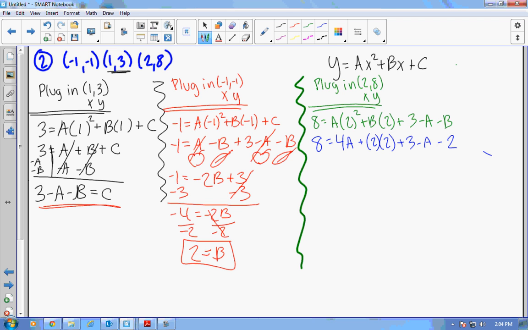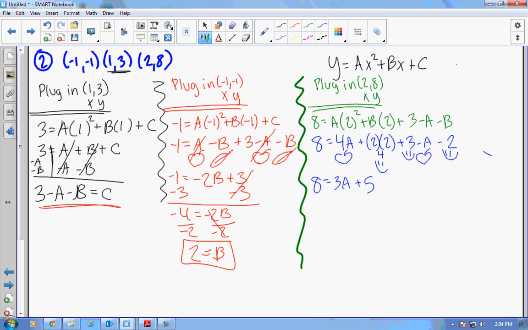So we end up only having a's, which means we can find the value of a. We combine like terms, how many a's do we get? 3. And this is really the number 4. So we have 4 plus 3 is how much? 7 minus 2 is 5. So plus 5. Solve for a.